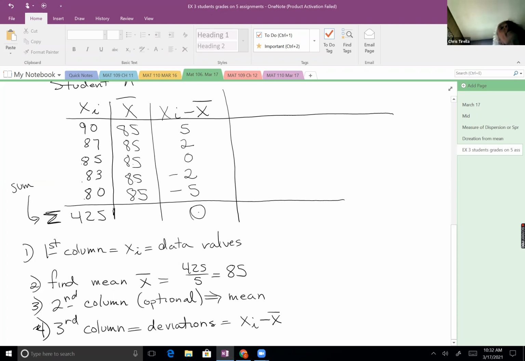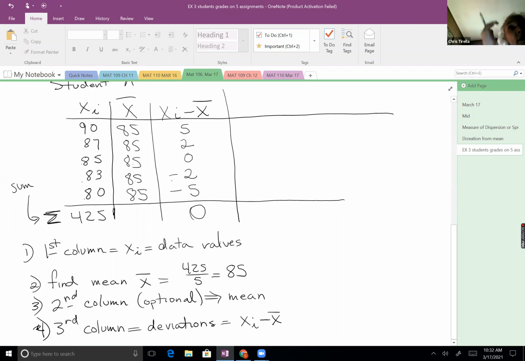Why does it make sense that that column is going to add to 0? If my mean is actually a measure of the center, shouldn't there be as much value above the mean, giving me a positive deviation, as there is below the mean, giving me a negative deviation?